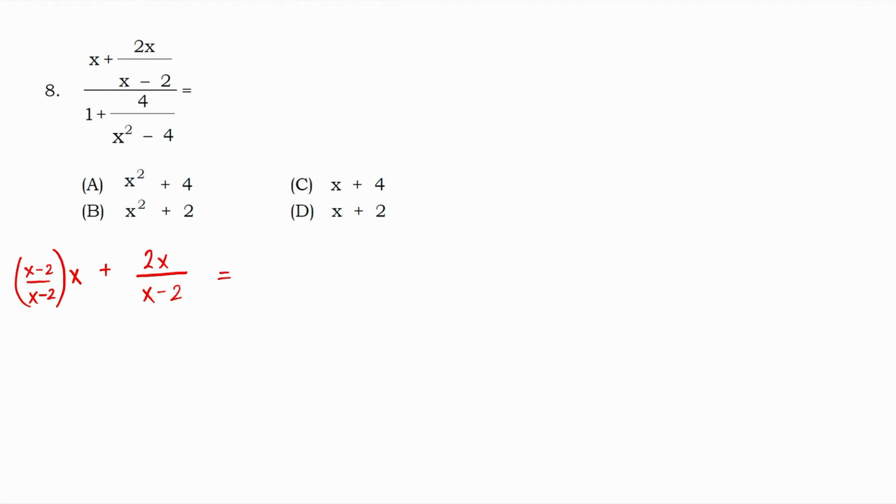So, you will have, yung denominator nila is x minus 2 na, and x minus x is x squared, and negative 2 times x is equal to negative 2x plus 2x. So, we will have, makakancel tong negative 2x plus 2x, magiging 0. We're left with x squared over x minus 2.